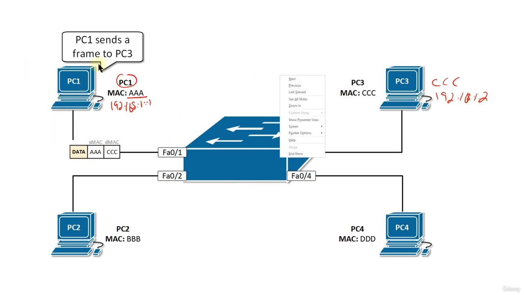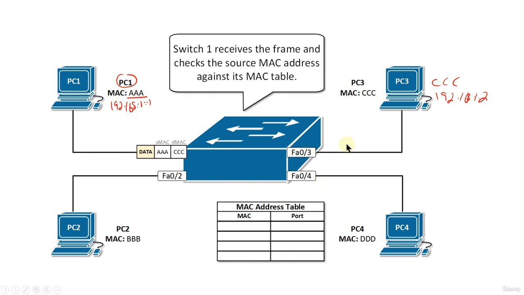Okay, so PC1 sends the frame to PC3. It is sending any kind of packet, like a ping packet, an ICMP packet. The switch is going to receive this frame and check the source MAC address against the MAC table. It checks whether AAA exists in its CAM table or not. As you can see, this is empty. So what is going to happen?